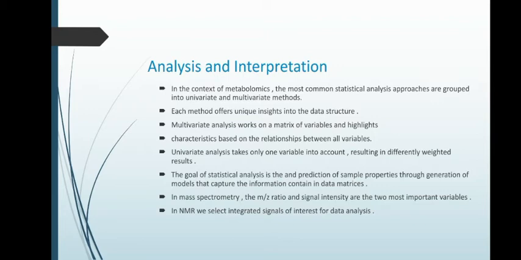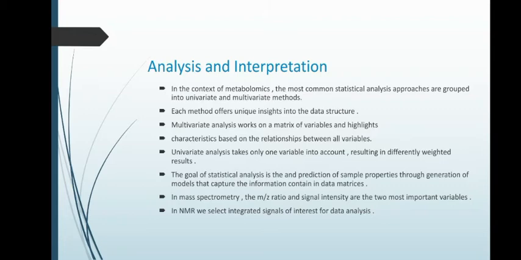In univariate methods, we take only one variable into account, resulting in differently weighted results. In multivariate methods, we work on a matrix, a set of variables, and highlight patterns. Each method offers unique insight into the data structures.